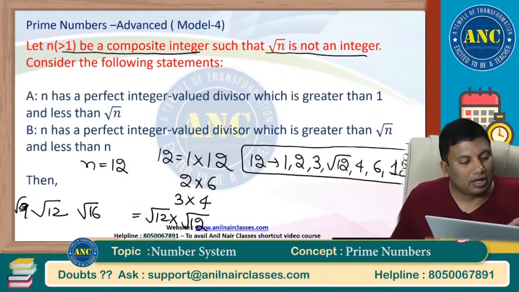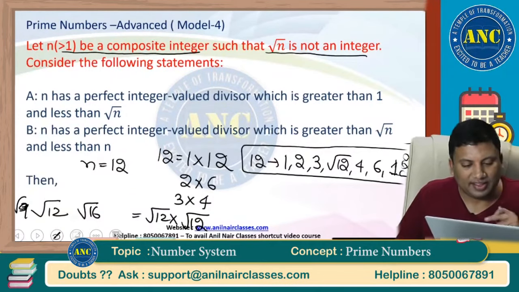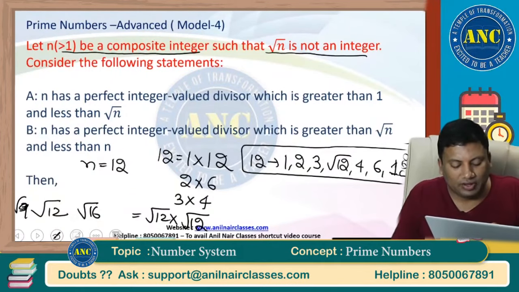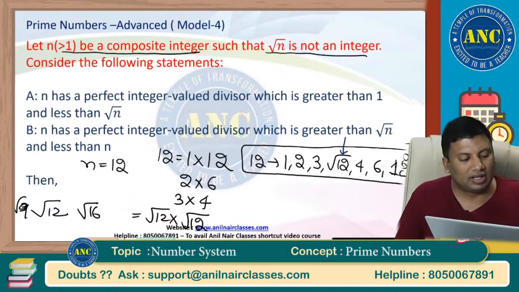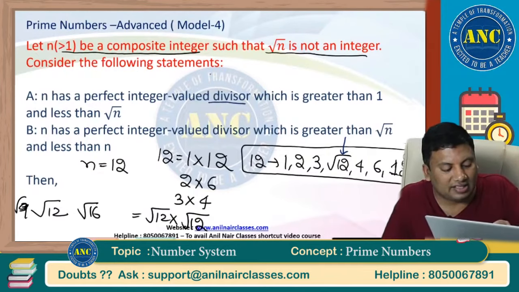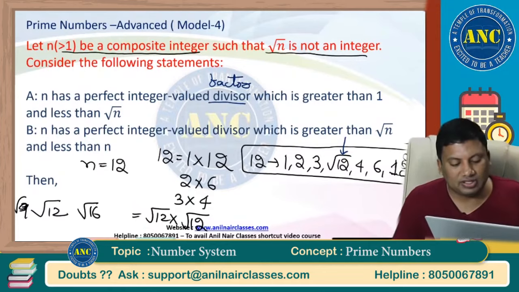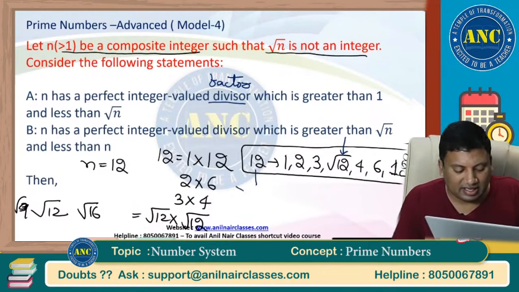Now, n is a composite integer. I took n value as 12. So 12 factors are 1, 2, 3, 4, 6, 12. I just inserted root n. n has a perfect integer valued divisor which is greater than 1 and less than root n.